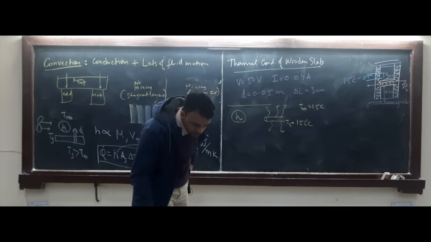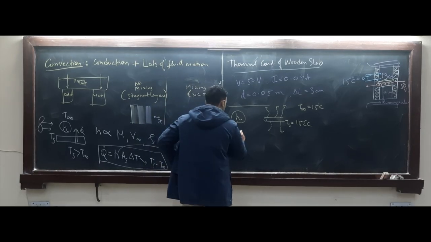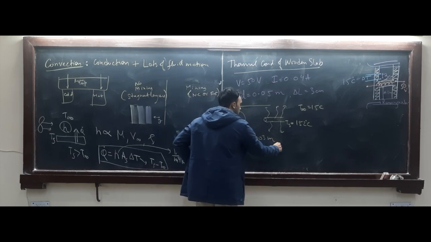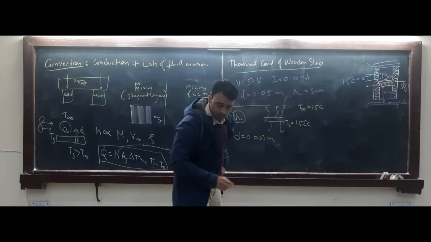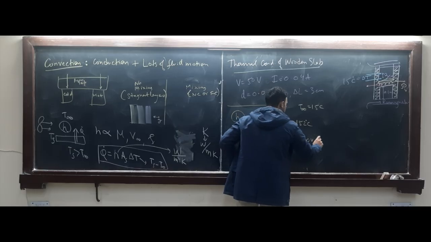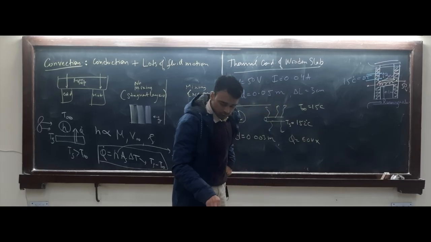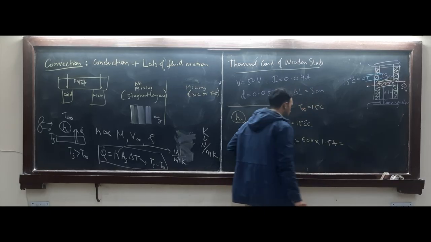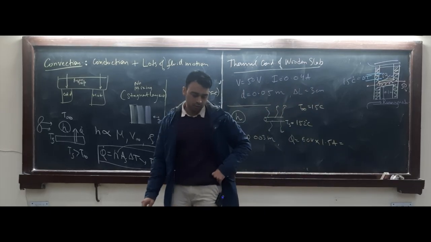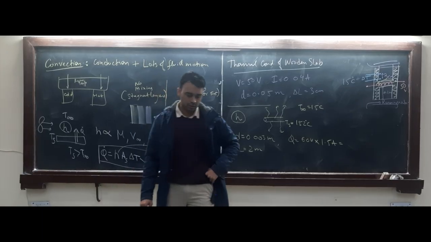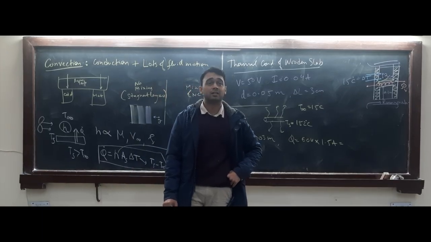Diameter is 0.00... Current and voltage, right? 60 volts. So Q dot is 60 volts into 1.5 ampere. Length? Okay, let's take it 2 meters. Anything else? Density? Specific heat?